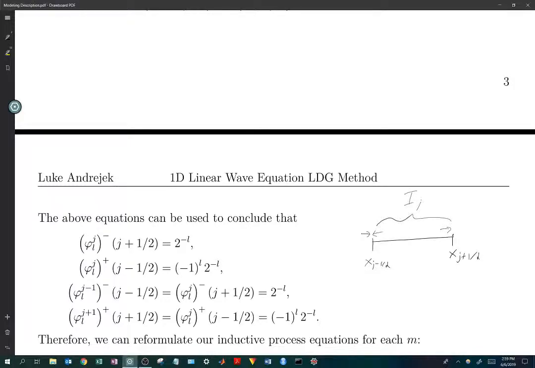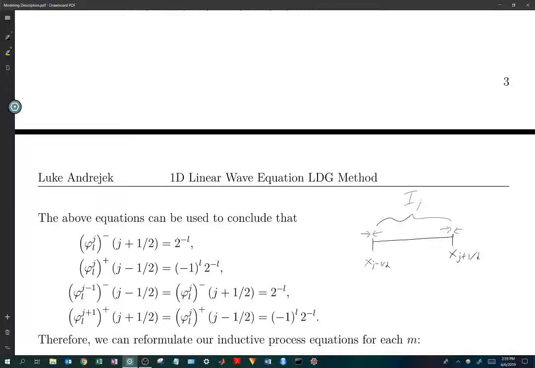That's going to be exactly the same as if you were to take phi Lj and evaluate it from the left at xj plus 1/2. So that's going to give you 2 to the minus L, as we saw in the first equation. And similarly, if you approach phi Lj plus 1 from the right at its left endpoint, then you have what we had in the second equation.